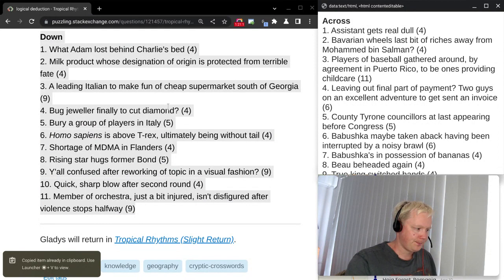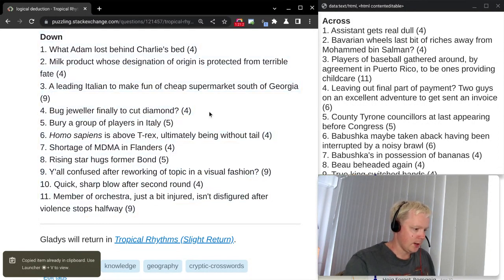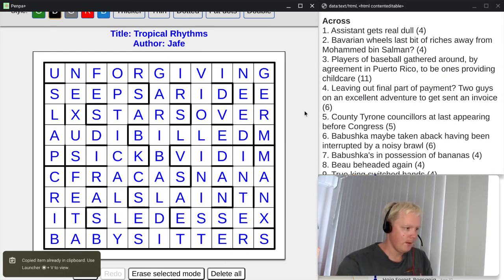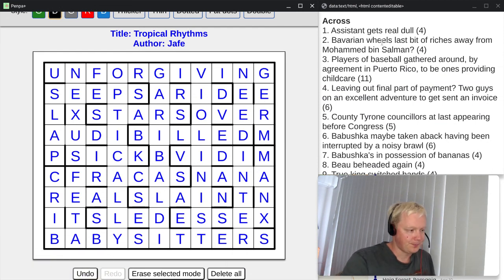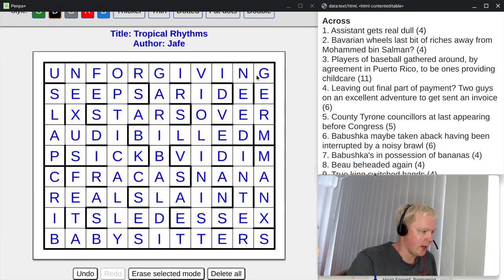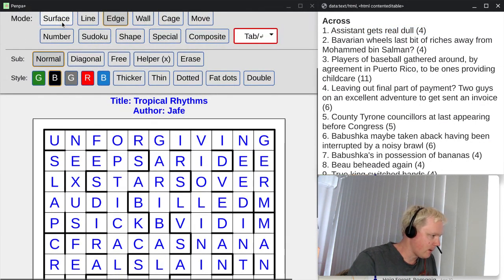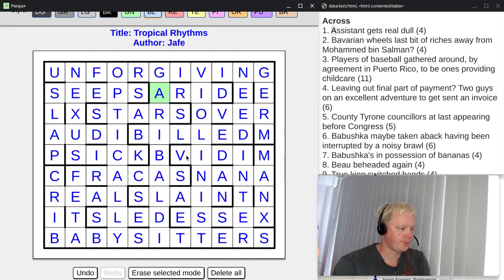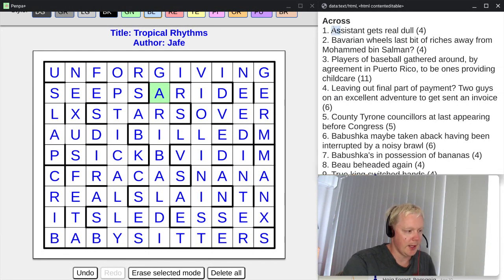So here we are. And now back to the grid, the finished grid, which is this one. So let's see. Here we have assistant gets real dull, and the answer was arid, and it's here. So we have this A in the word arid, and it's in this position here. But we don't have AS because the next letter is O. So just the A is highlighted there.